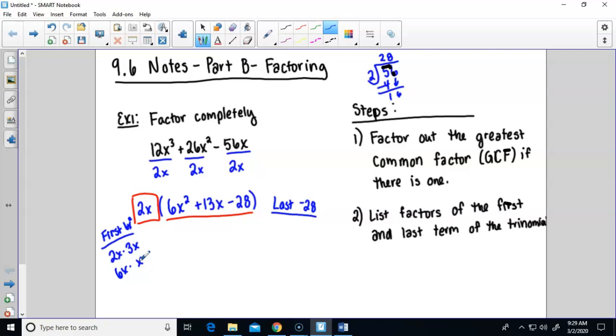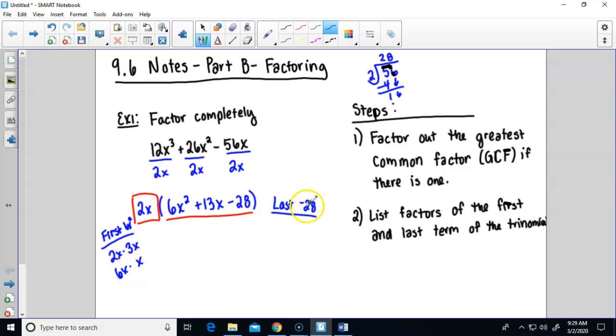So it's best to split. We also could do negative 2x times negative 3x and negative 6x times negative 1x, but the negatives are usually best dealt with over on the last term. So typically, in most cases, you want to go positive here. All right, we okay with those? There's nothing else we can multiply together to get 6x squared, right?